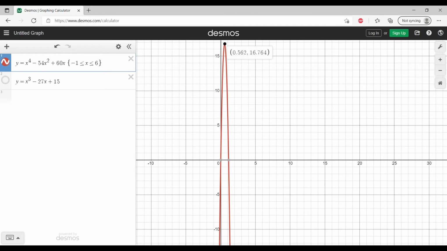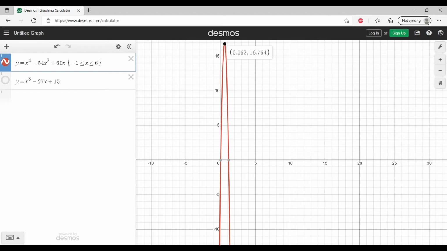So obviously our value, that is 0.562, is absolutely correct, and at this particular point the graph has local maxima. You just need to say this local maxima because this graph can have various parts other than our region, and there can be some maxima and minima that is greater than or less than our local minima and maxima. So that's why you have to tell this particular part, that is local maxima or minima.